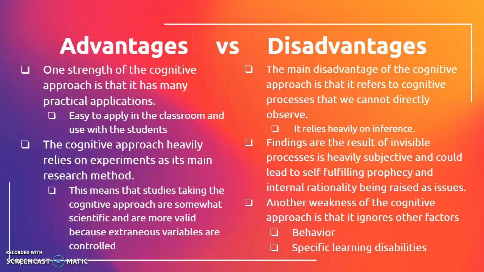It has a huge effect, because behavior does affect the way we think, and especially specific learning disabilities such as dyslexia, dyscalculia, dysgraphia, things like that. It does affect the way we think. So we also have to take part of those things affecting that.